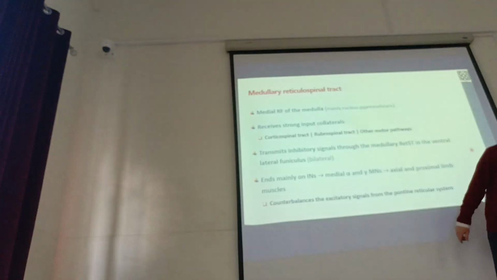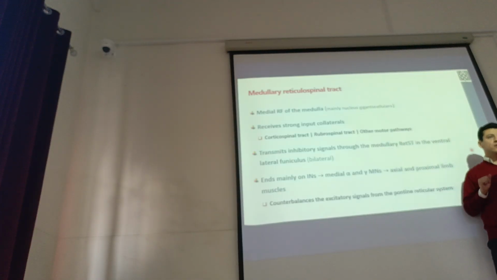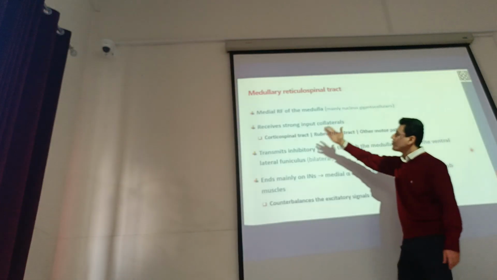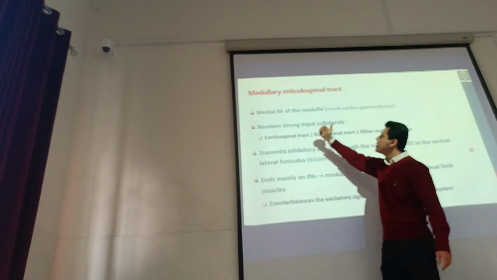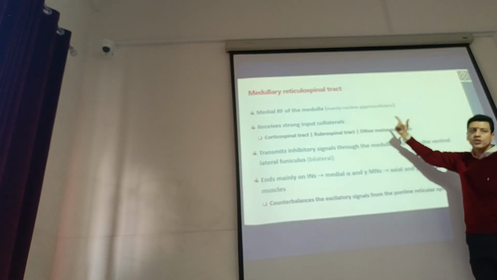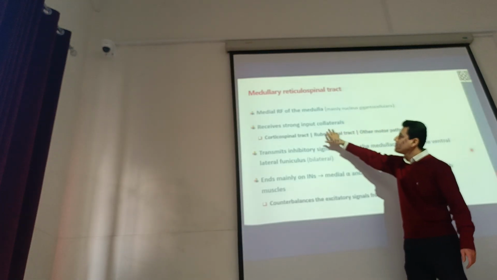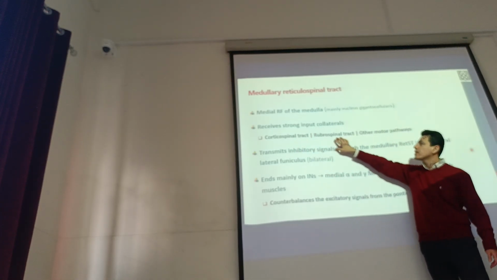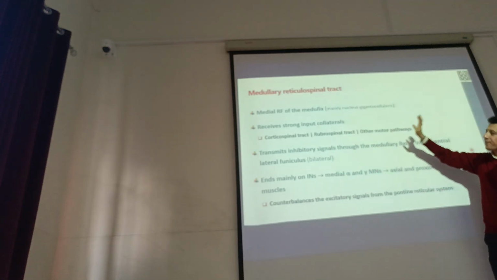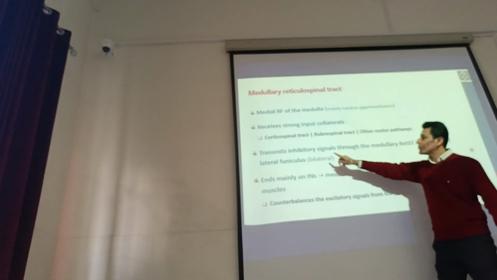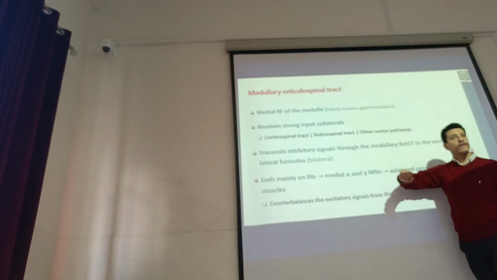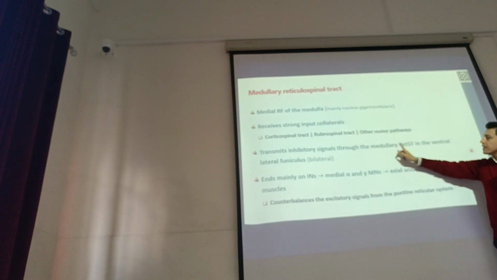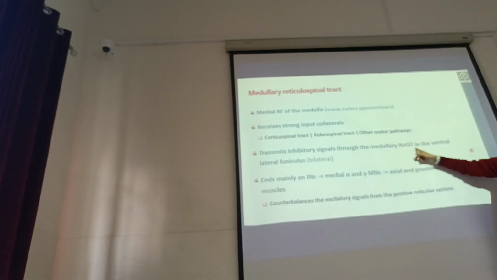Got this? So this is the same region. So now we have medullary reticulospinal tract. I told you it's inhibitory, right? So this tract originates from medial reticular formation of the medulla, nucleus gigantocellularis. It receives a strong input from cortex via corticospinal tract, from red nucleus via rubrospinal tract, and other pathways like this. They transmit inhibitory signals through medullary reticulospinal tract in the ventral lateral funiculus.